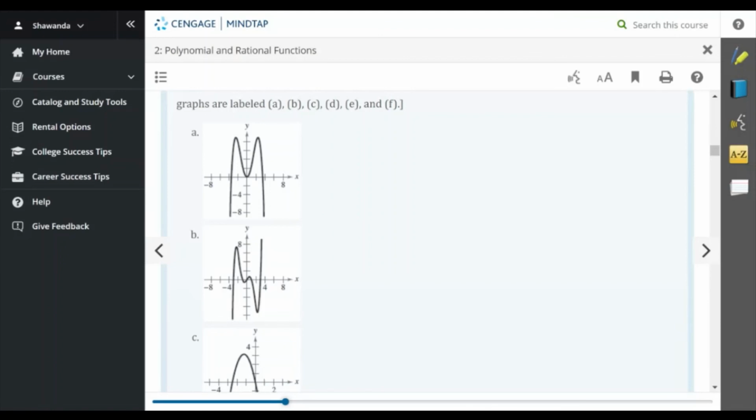It's rising, going up. On the left side, it's falling. Isn't it like a positive leading coefficient x cubed? So it's a positive leading coefficient when the right side is going up and the left side is going down. If it was a negative leading coefficient, it would flip and the left side would be going up and the right side would be going down.